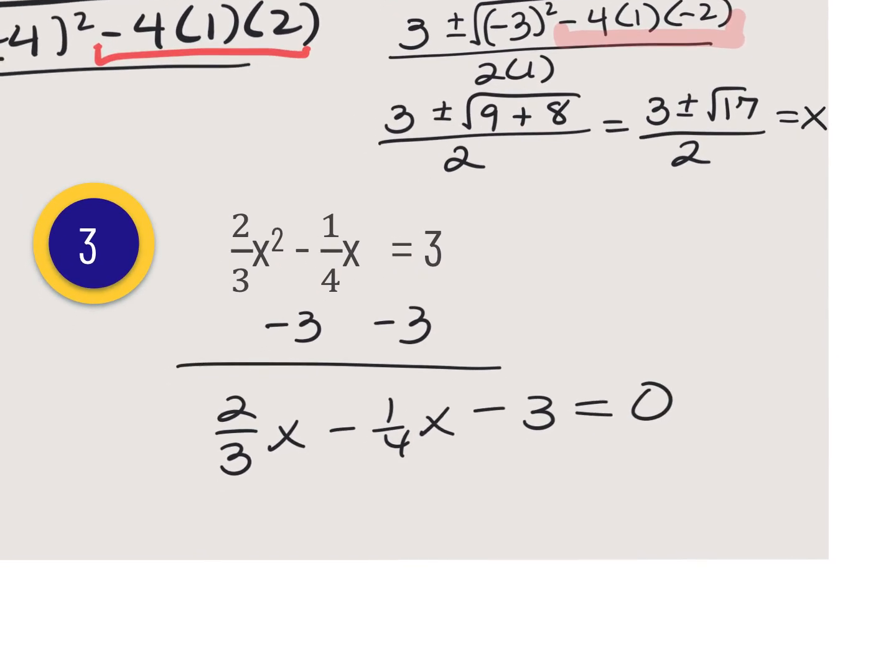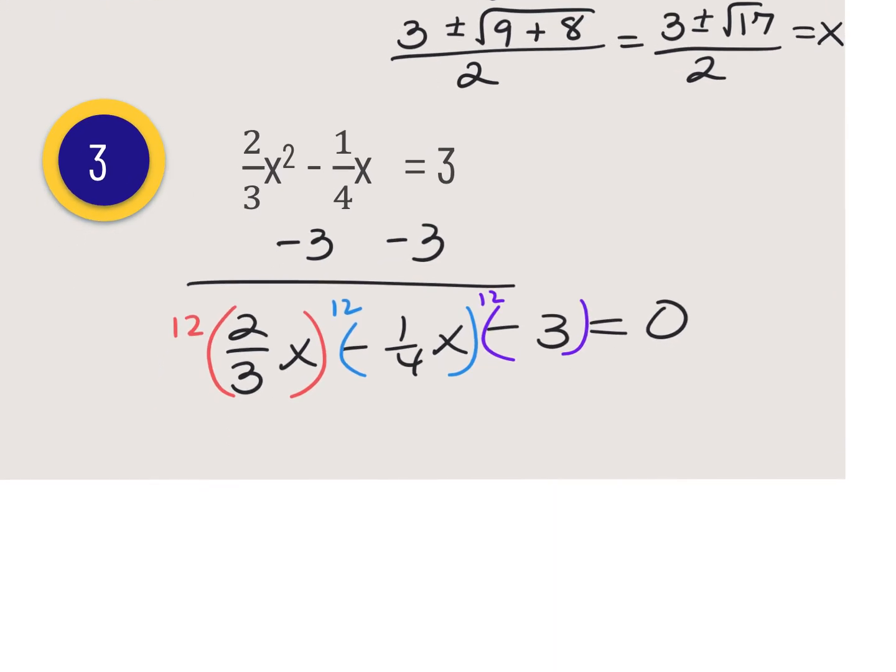I'm going to multiply all 3 terms here by 12, my common denominator. So I'm just going to go ahead and put a 12 here, a 12 here, and then a 12 next to the negative 3. So once I multiply, this is going to simplify, and I'm going to change this to a 4.